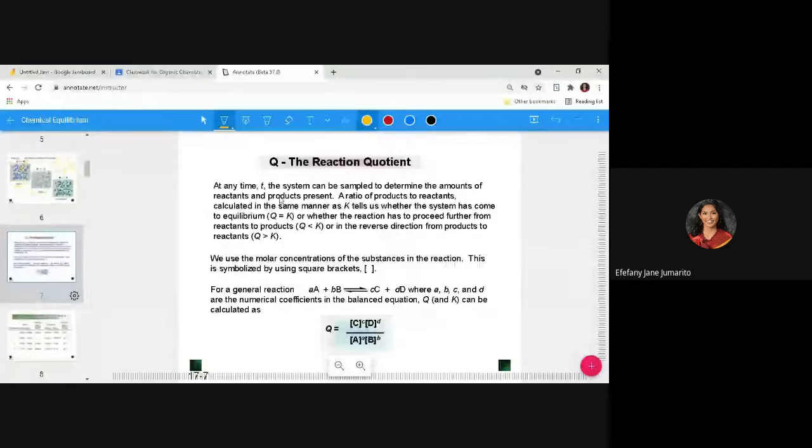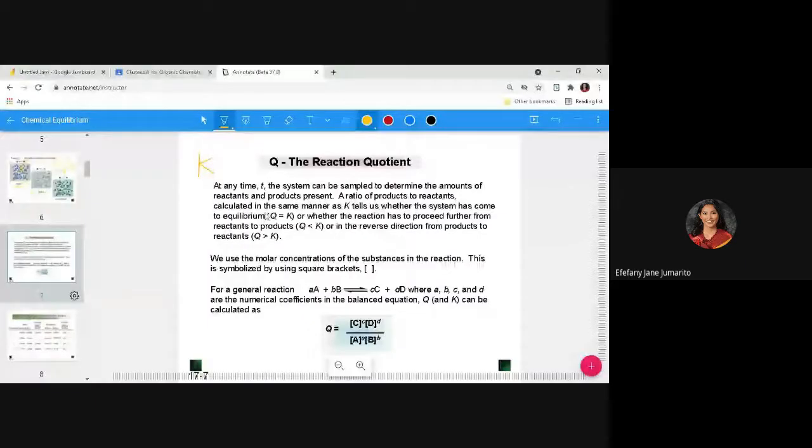So class, the K is our equilibrium constant. It quantifies the concentration of our product and reactant at equilibrium.